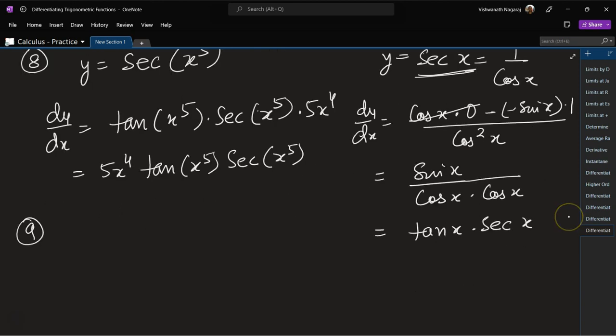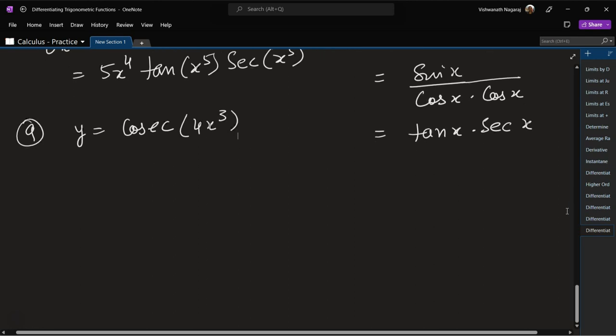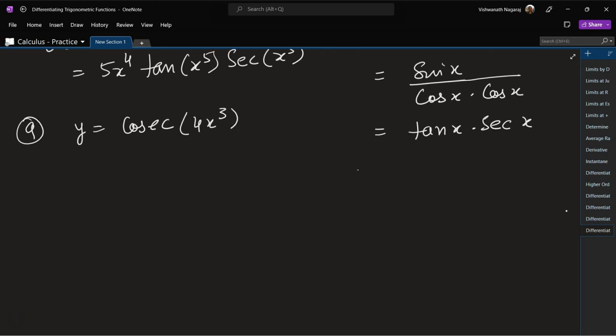Okay, ninth one, y is equal to cosec 4x cubed. Again, as I mentioned, you don't have to remember it, just do it on the fly. So cosec x is equal to 1 by sine.